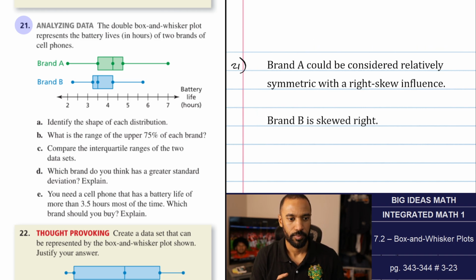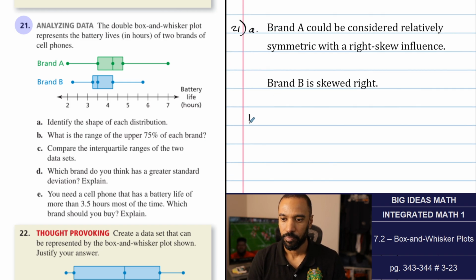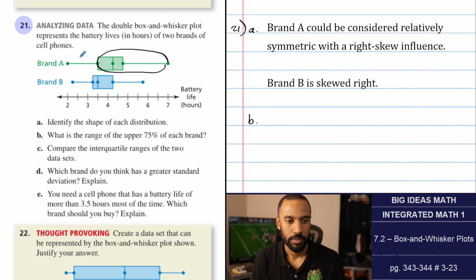That's part A. Part B, what is the range of the upper 75% of each brand? The upper 75%, we're talking that whole bit here, because this is the lower 25. The upper 75 is everything that is not the lower 25. Right? Am I saying that right?